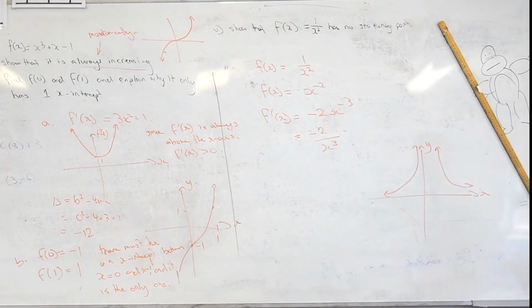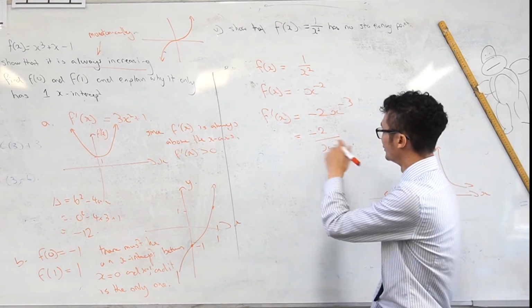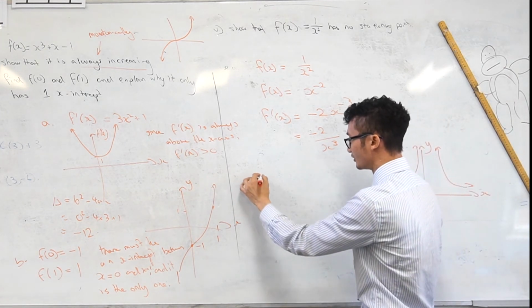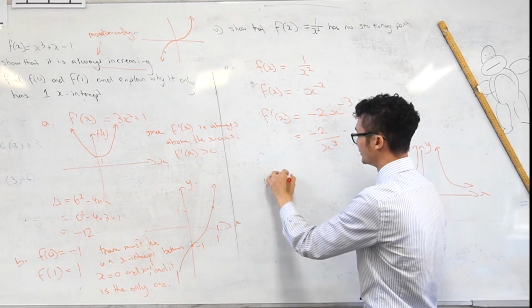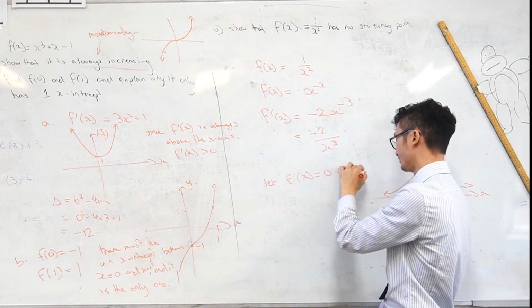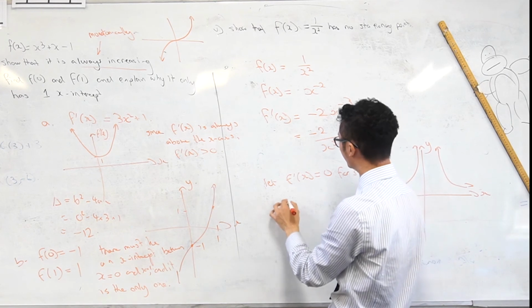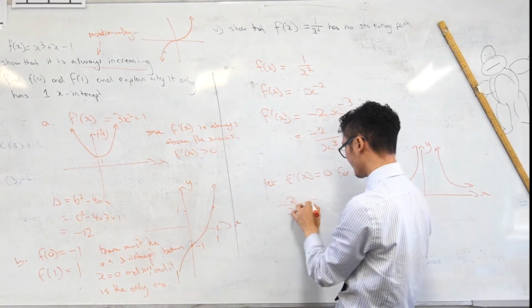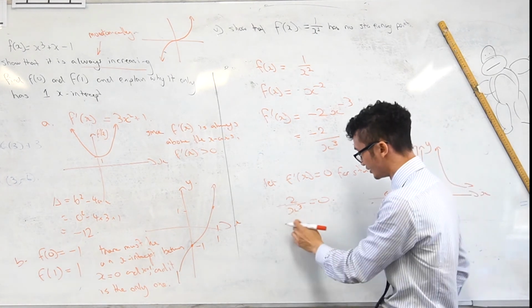There are actually no solutions for this equal to 0. So if we want to solve this, that's equal to 0 for stationary points. If I want to say negative 2 on x cubed equals 0, there are actually no solutions, because there's no value of x that you can make this equal to 0.